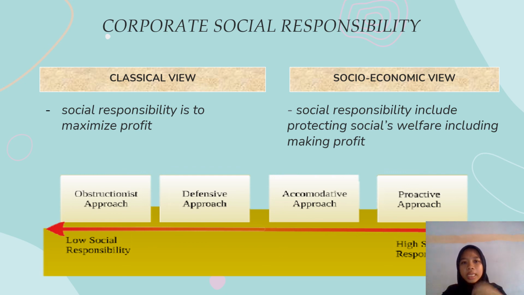On one side, there is the classical or purely economic view, and on the other side is the socio-economic view. The classical view holds that management's only responsibility is to maximize profits. The most outspoken advocate of this approach is the late economist and Nobel laureate Milton Friedman. The socio-economic view maintains that management's social responsibility goes beyond making profits to include protecting and improving society's welfare.